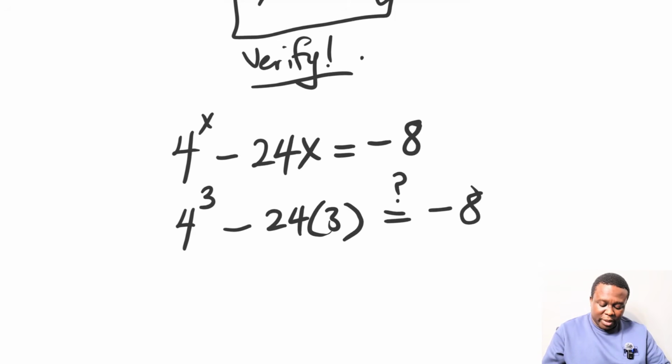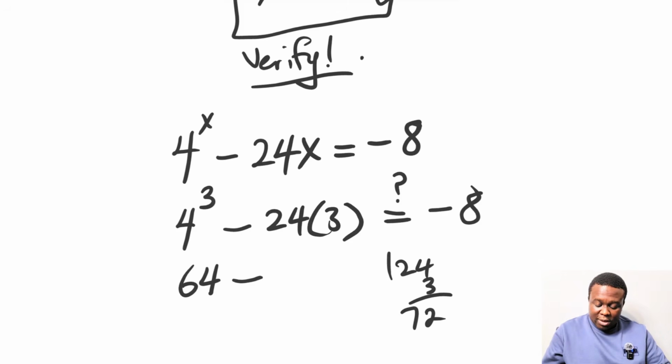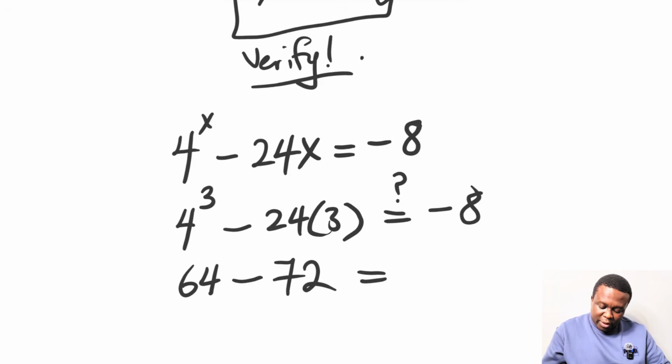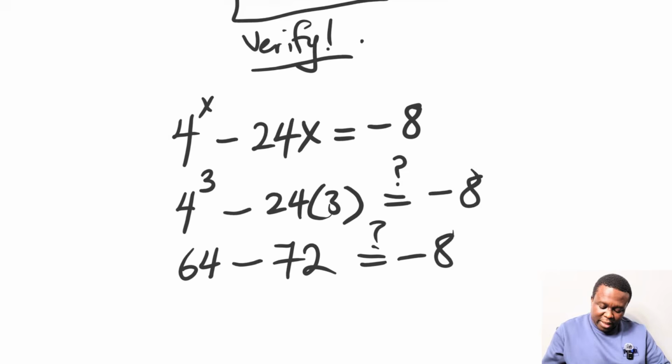4 raised to the power 3 is 64, minus 24 times 3 will give us what? 72. Okay, so 24 times 3 is 72, and we're trying to find out if that's equal to minus 8.